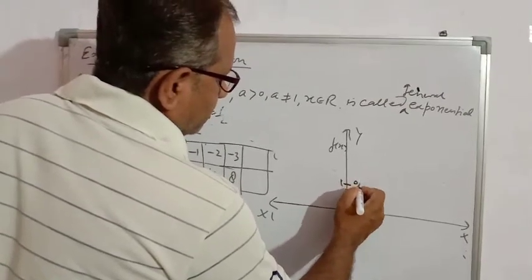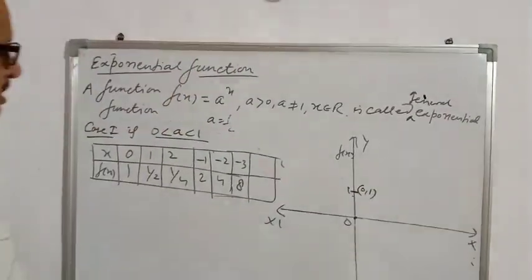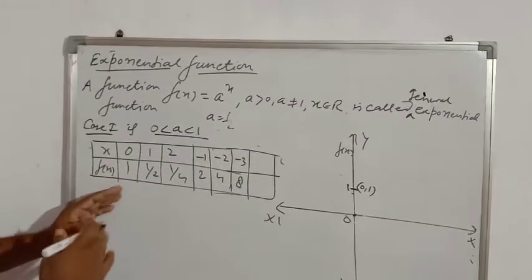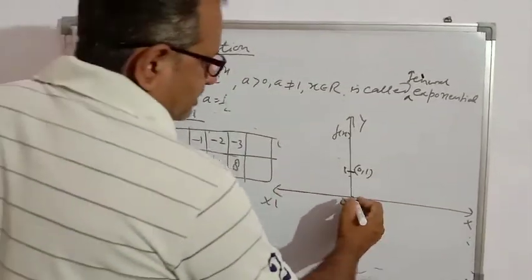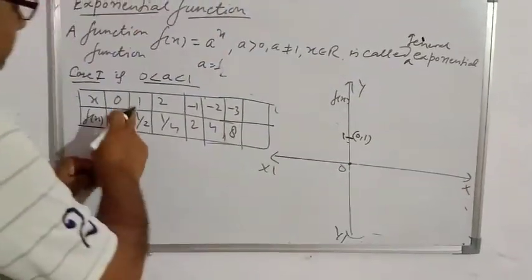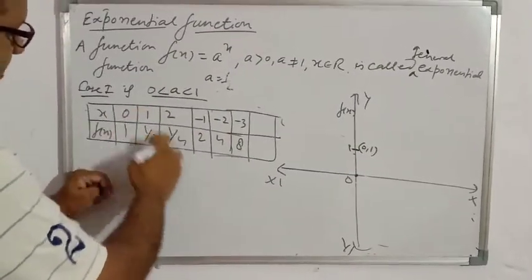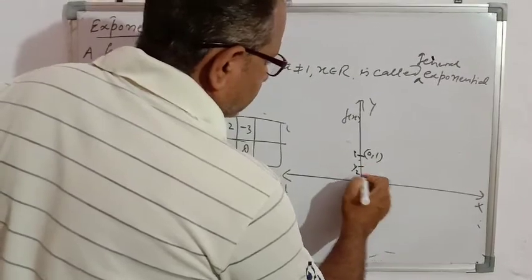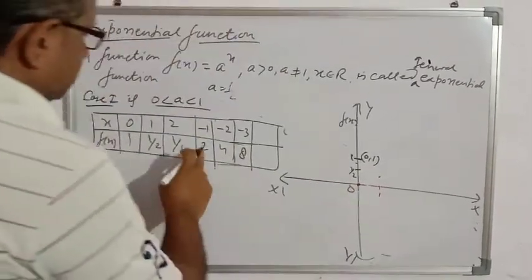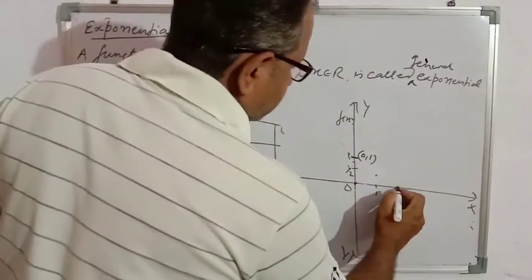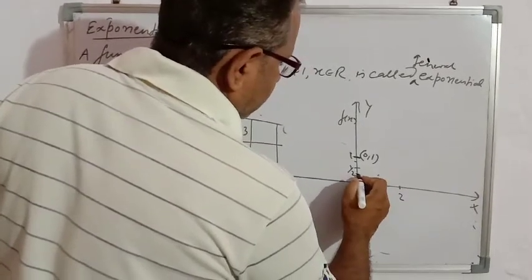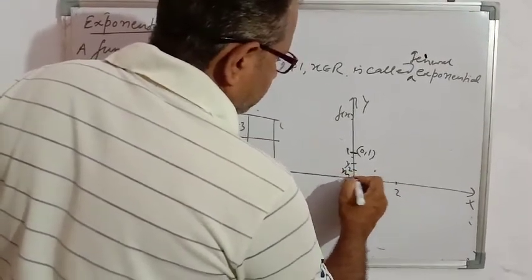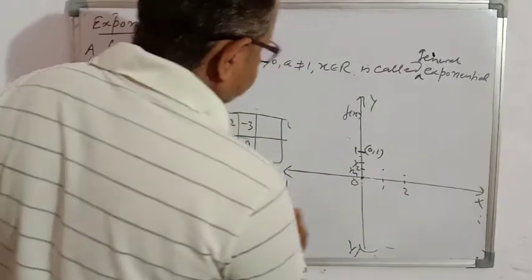So it is (0, 1). As x increases from 0 in the positive direction of x, the value of f(x) decreases. At 1 it is 1/2. At 2 it is 1/4. So we will get this point.